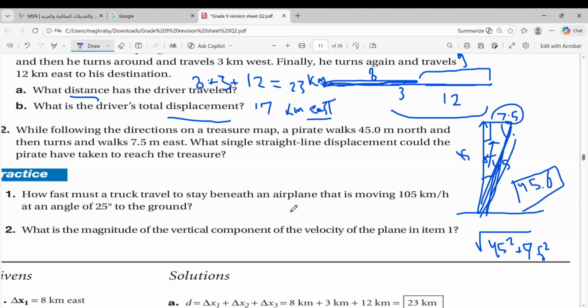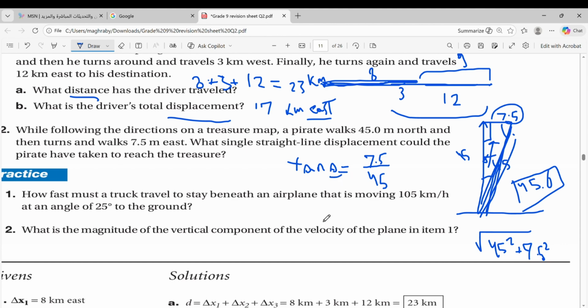So which trigonometric function has the opposite and the adjacent? You will find tan. So you say tan theta is equal to opposite over adjacent, which is 7.5 over 45. But I don't like to get tan theta, I only like to get theta itself.